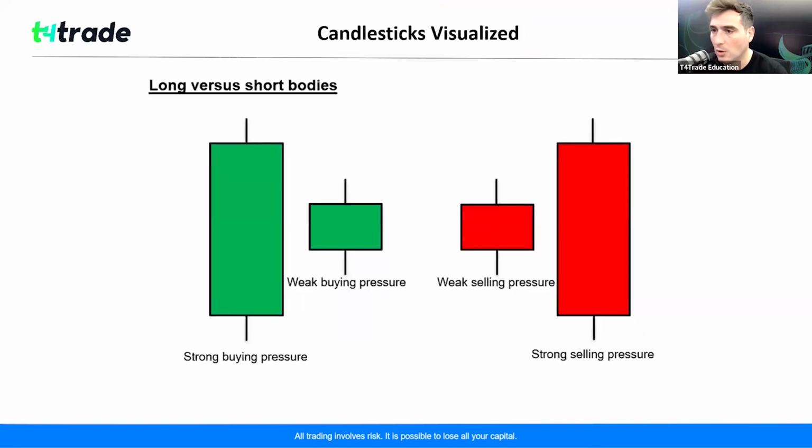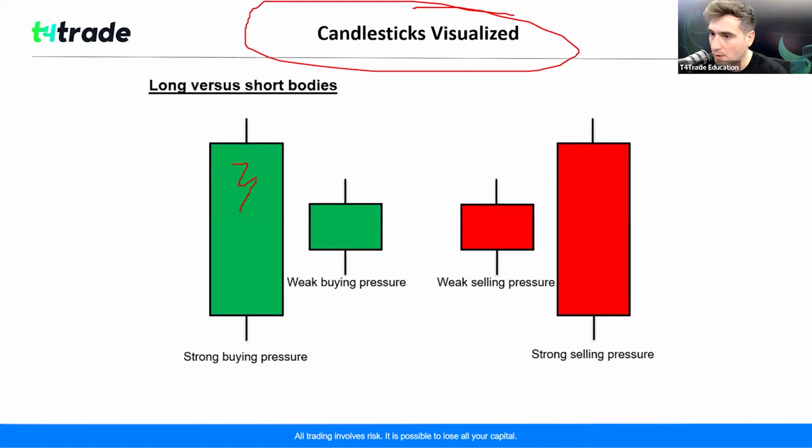Moving on, another visualization. We're going to do a comparison between the real body. The real body is this, excluding the shadows, this and this. What can you observe from these two together, this versus this? What conclusions can you come up with?